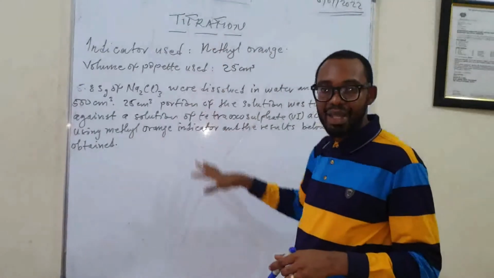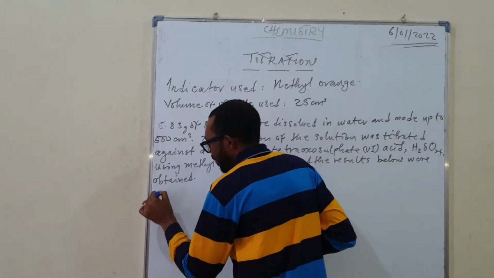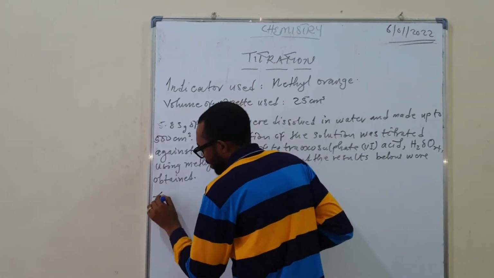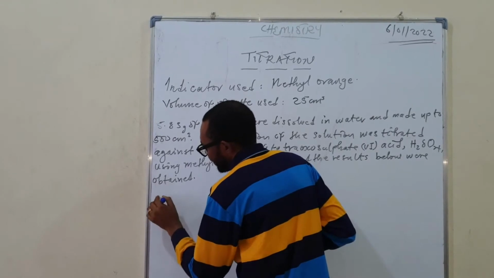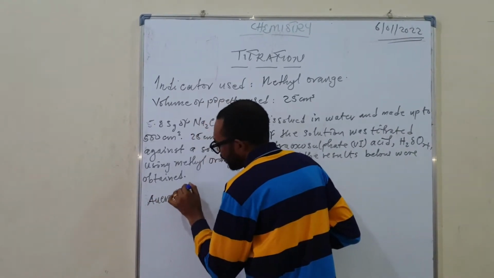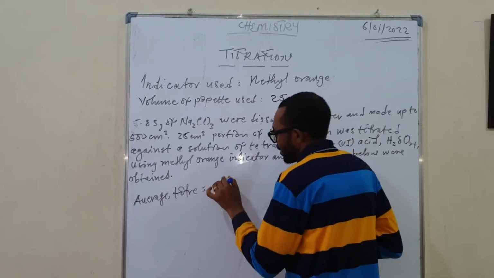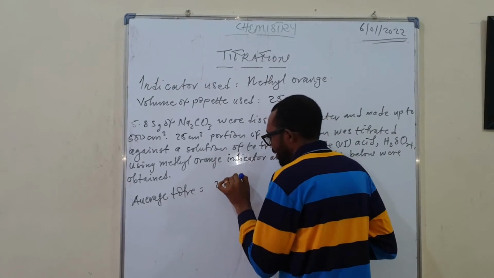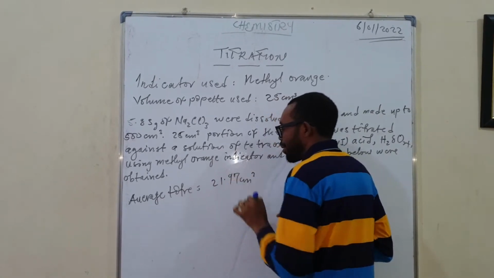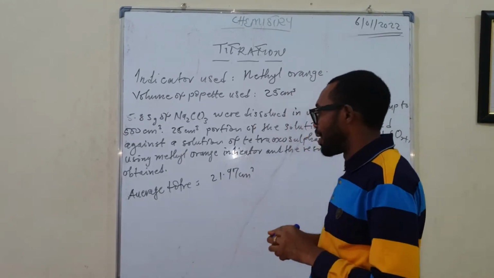I have already displayed a table showing the results, and we went further to calculate the average titer, which we found to be 21.97 cm³.